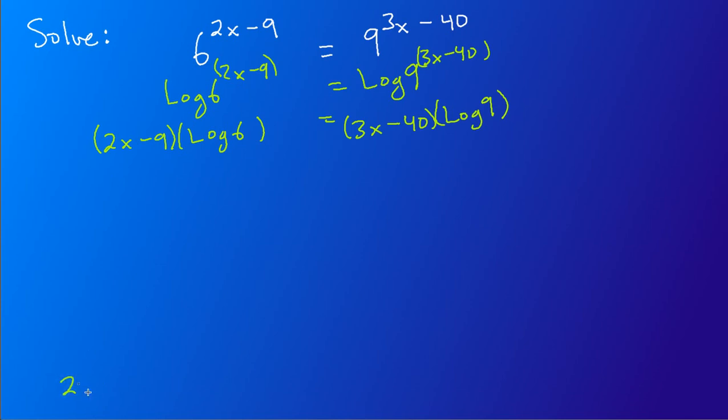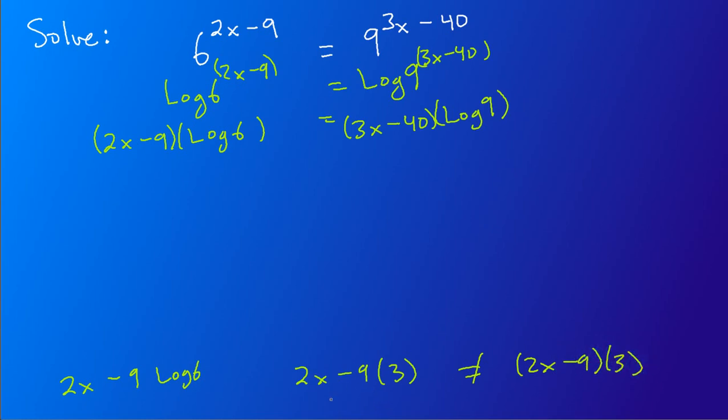If you were to write, say, 2x minus 9, and then have your log 6, well, that's completely different. This would mean 9 times the log 6, whereas we mean the quantity 2x minus 9 times log 6. So the difference being here that if I were to write this, this is not the same as writing this.